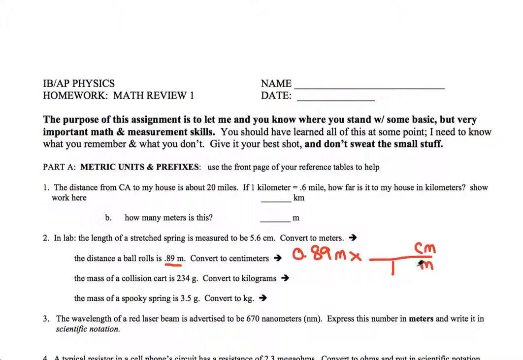The larger unit is the one you put a 1 next to. Since centi, if I look in my reference tables, means times 10 to the minus 2, or in other words 100th, there are 100 centimeters in 1 meter. If I multiply these two values, I get 89 centimeters.